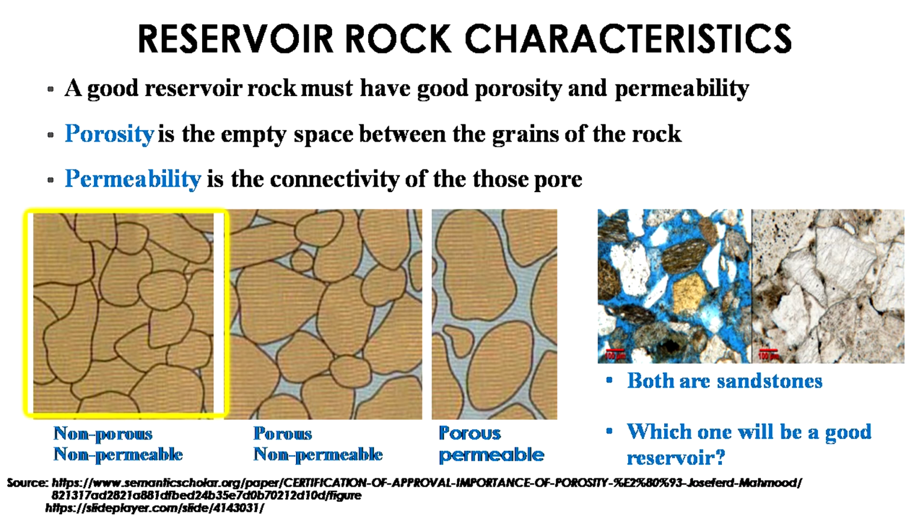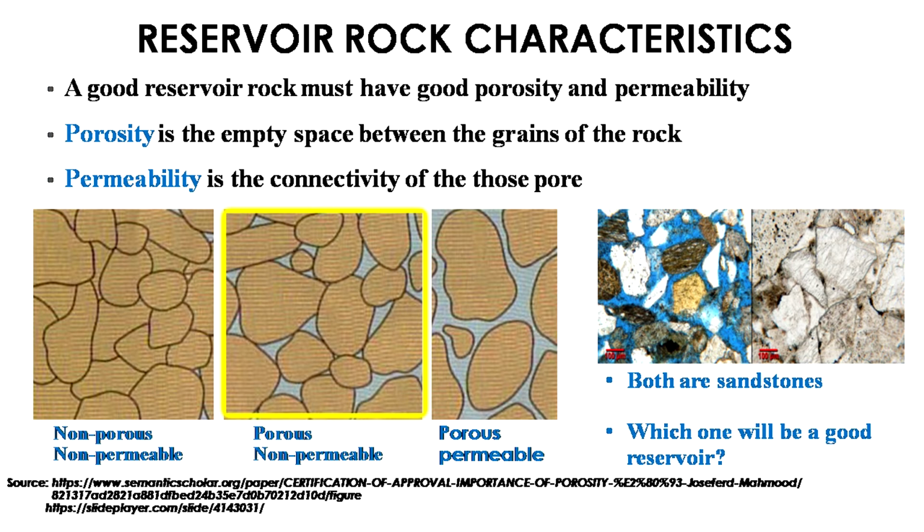Let us look at an example. This is a picture of a rock. Now, as you can see, the grains are connected to each other. There is no empty space within the grains. So, this is an example of a non-porous and non-permeable rock. What do you see in this picture? You see grains and you see pore spaces between those grains, but those pore spaces are not connected.